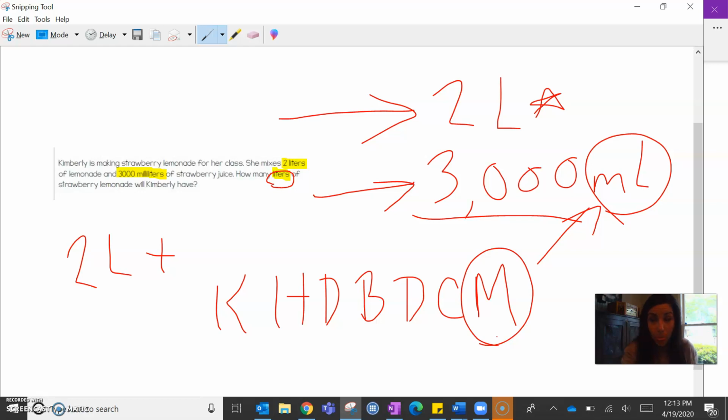Liters is a base unit. Liters, grams, and meters are all base units, and you can think of those as they don't have the second letter with them. It's just going to be one letter. Those are all base units.